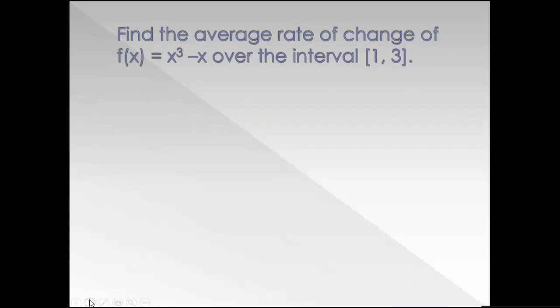So when it says to find the average rate of change of f of x equals x cubed minus x over the interval 1 to 3, what we need to do is find f of 3 and f of 1.